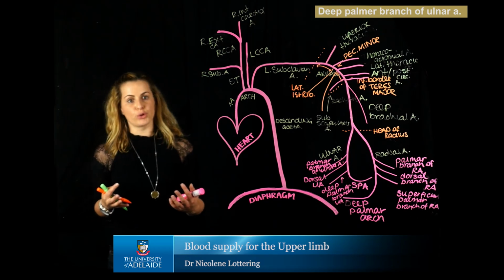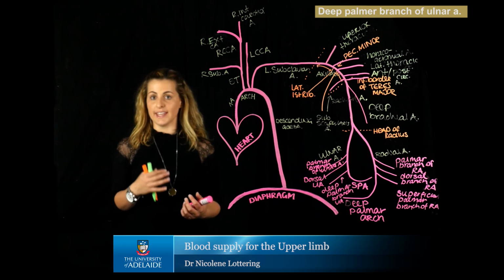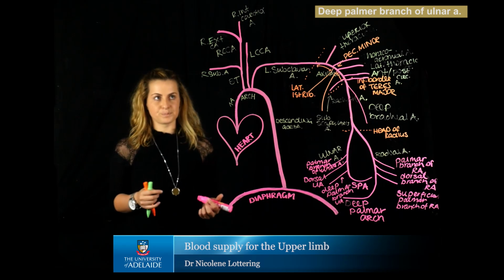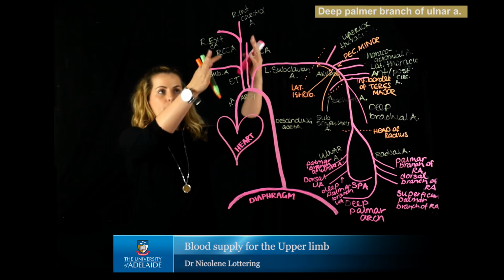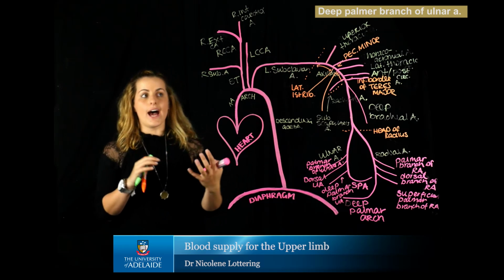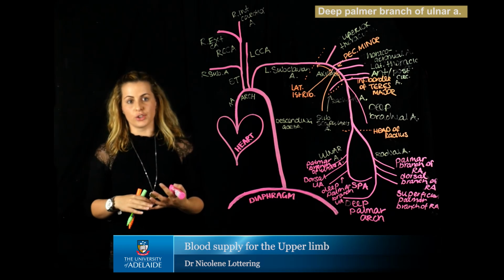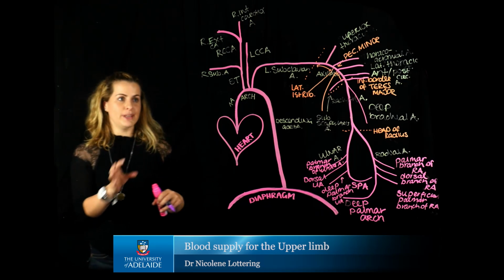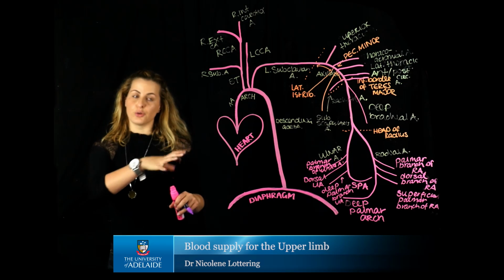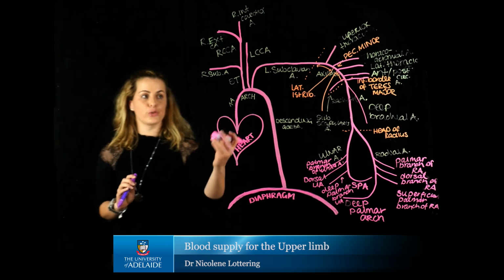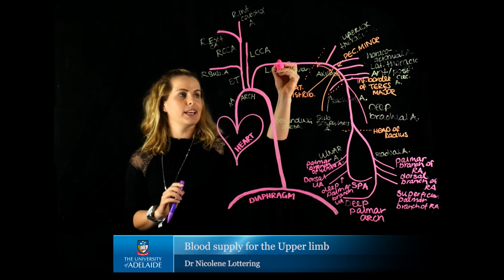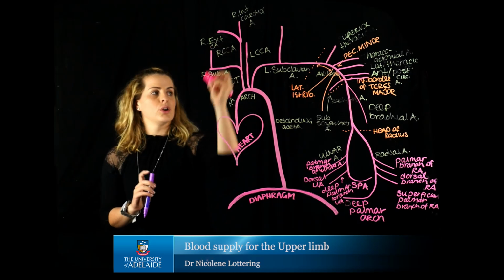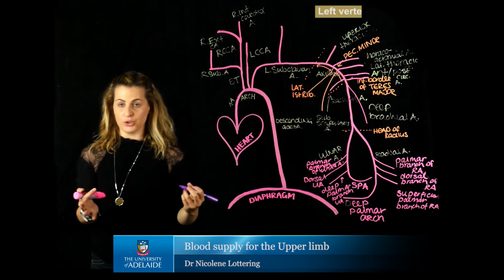So what I'm going to go through now is the blood supply to the head and neck, and more specifically the blood supply of the brain. So we're continuing with this region up here, specifically the internal carotid arteries. Something that I forgot to mention when we were going through all these collateral branches is there's actually a collateral branch associated with the subclavian on each side, which is called the vertebral artery.